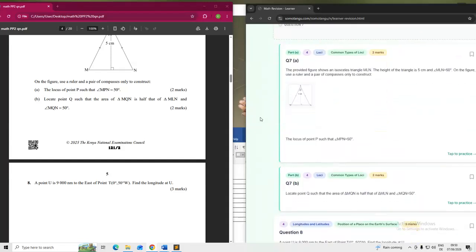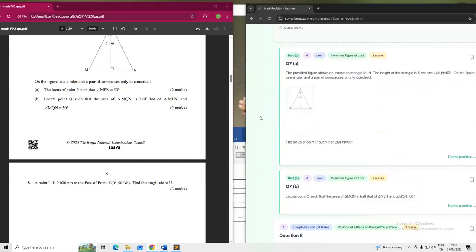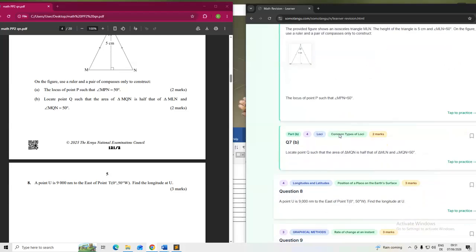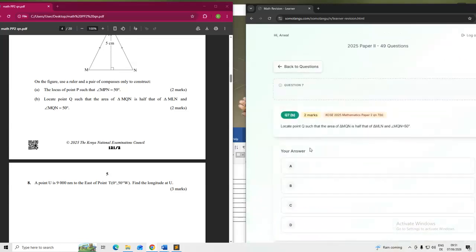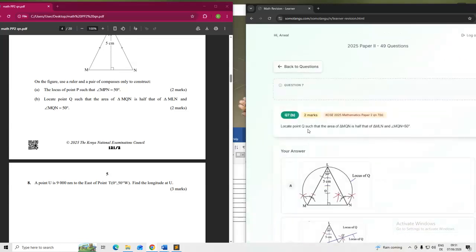Coming to Somolangu, we can see part A of the question tests loci, the common types of loci, and that's a 2-mark question. Part B of the question also tests loci and the common types of loci.